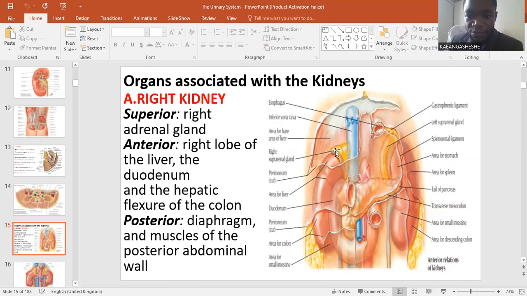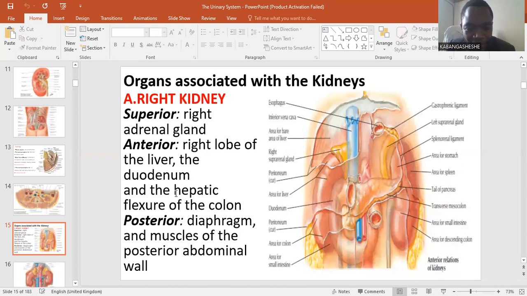The liver has been removed here so that we can see clearly how the kidneys are positioned in the abdomen. In addition, anteriorly, there will be the duodenum. So this is the duodenum. The stomach is here, which has also been removed because kidneys are retroperitoneal organs, and if those organs were in situ, they would obstruct our clear view.